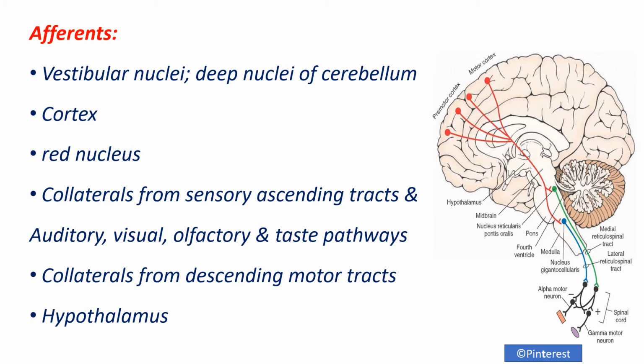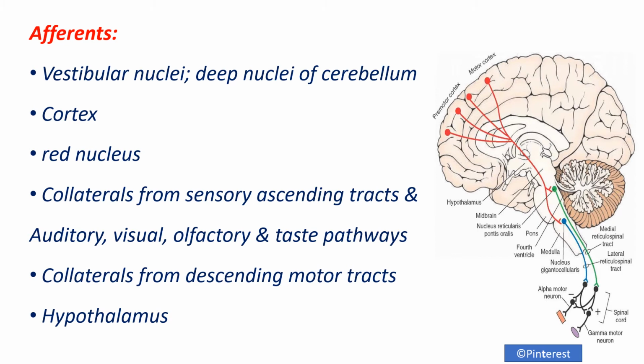So it receives fibers from different nuclei. Again, to repeat: the vestibular nuclei, the deep nuclei of the cerebellum, the cerebral cortex and the red nucleus. We'll be studying what the red nucleus is. Then the collaterals also come from the corticospinal fibers going down, giving corticoreticular fibers on the way.